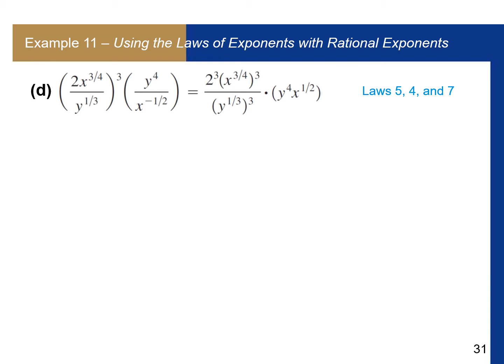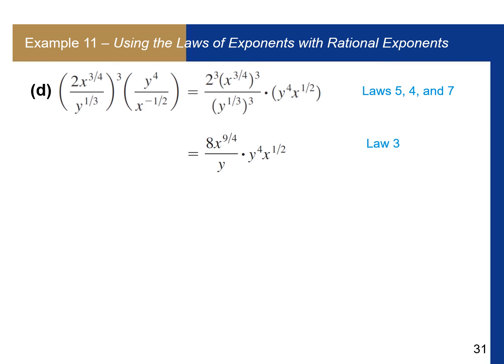They went ahead and did that right here. Simplified a little more, 2 to the 3rd is now 8. You have x to the 9/4 over y. You still have a y to the 4th, x to the 1/2. You're going to simplify this, make this y cubed.